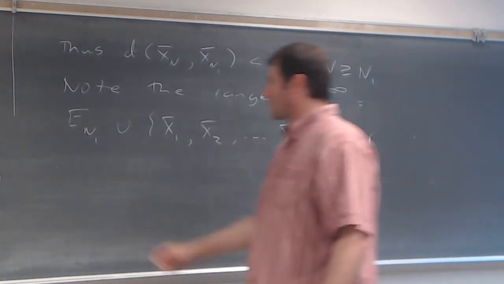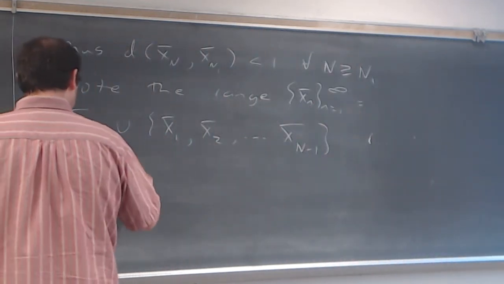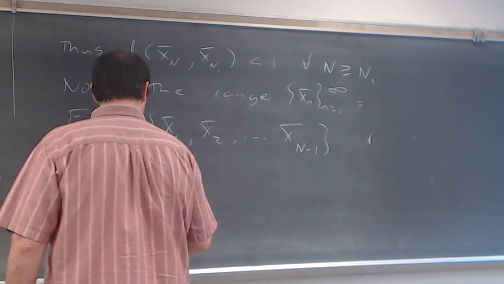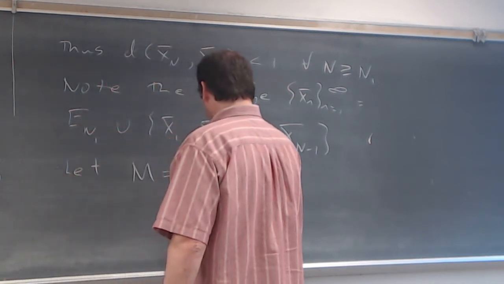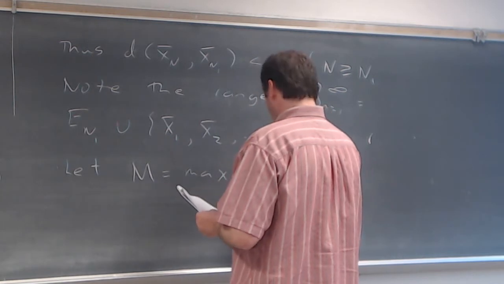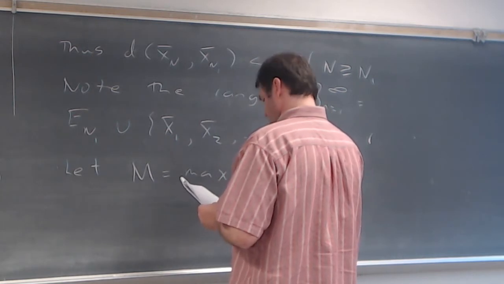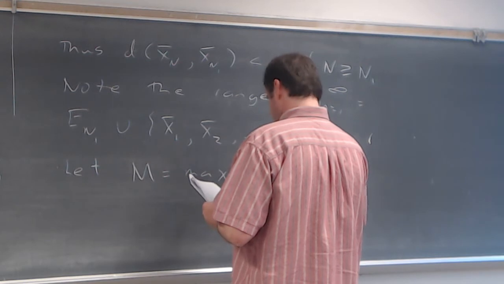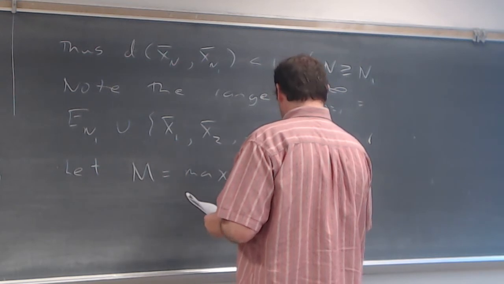And we're going to let m equal the maximum of the distances between x sub 1 and x sub n sub 1.